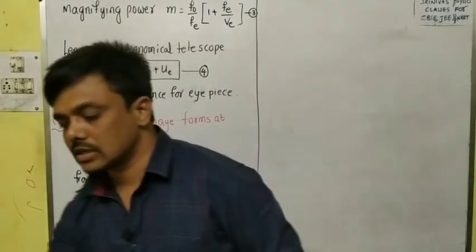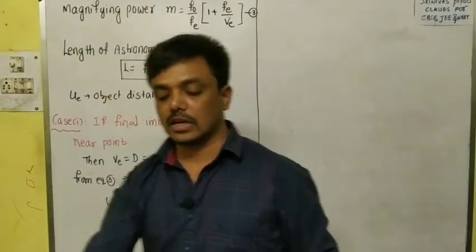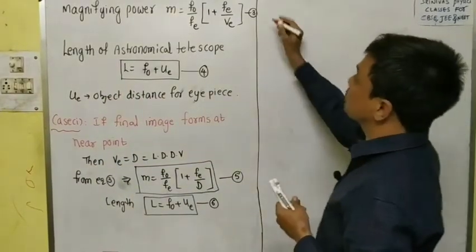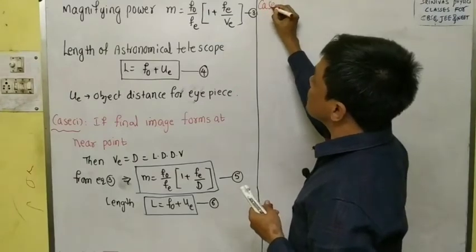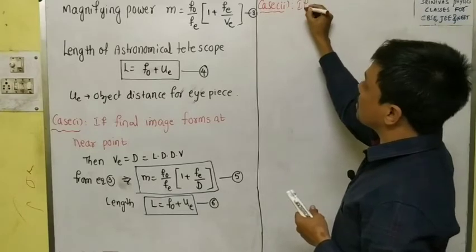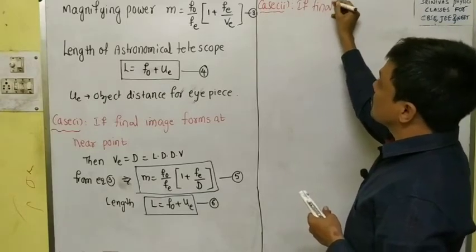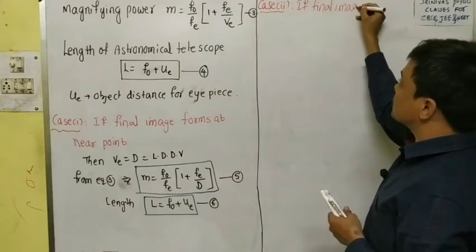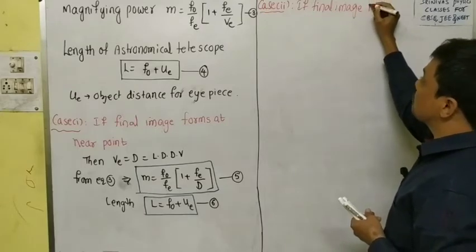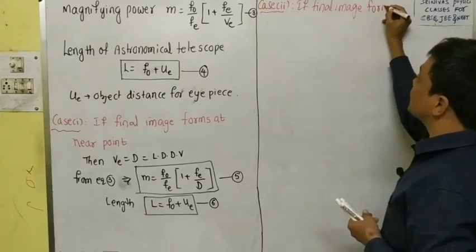And the next case is if the final image forms at infinite distance. Let us see case 2. This is important. Case 2: if the final image forms at infinity, we have to understand this one.